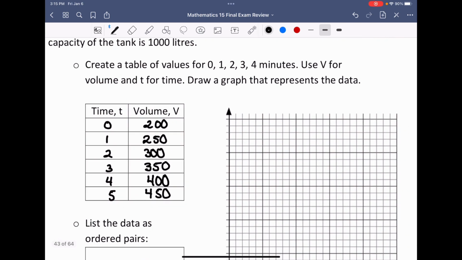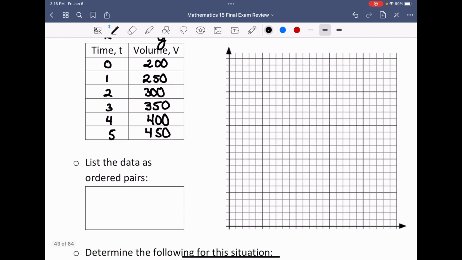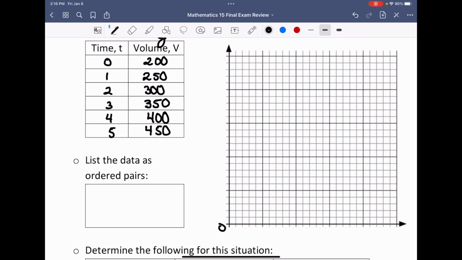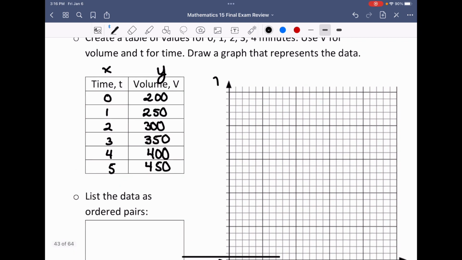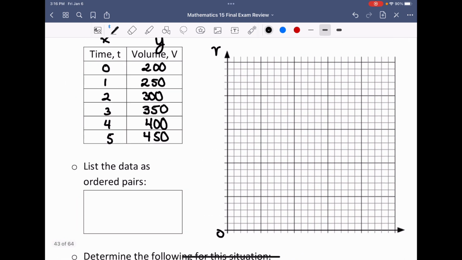Okay, so we have to recognize that these are ordered pairs where the time is always represented by our x value. The volume or the output is always represented by our y. So let's put this on the plot here. If we know that it starts at 0, 0, and volume is going to be our y, and time is going to be our x-axis, which that will always be the order. Now what I want to do is put this on the graph.